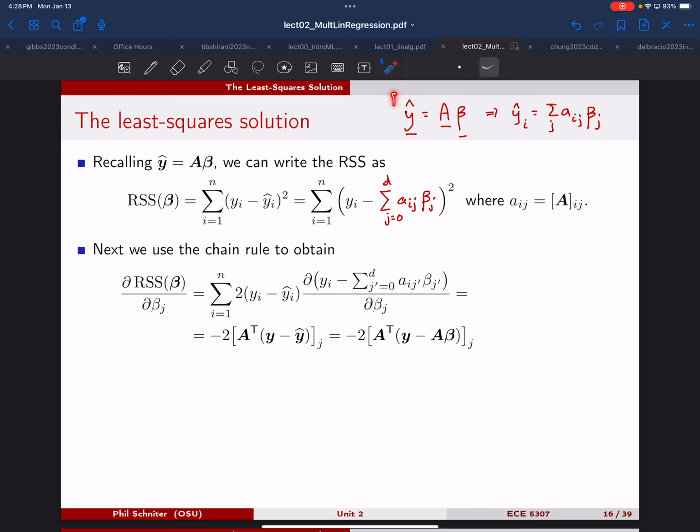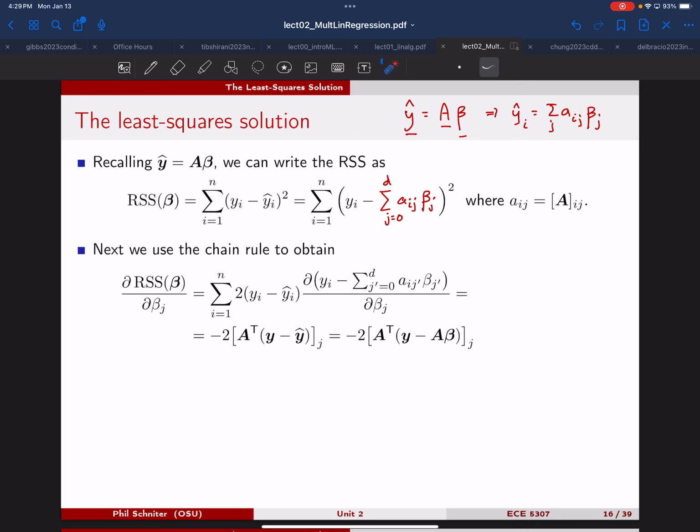Is everybody okay with this thing in the top right? Okay, so this is the equation. And now you can see we've written the RSS in terms of the individual betas. That means that we can do these partial derivatives, because the betas have been exposed. And we're using the little a_ij to mean the ith row and jth column of this matrix A.